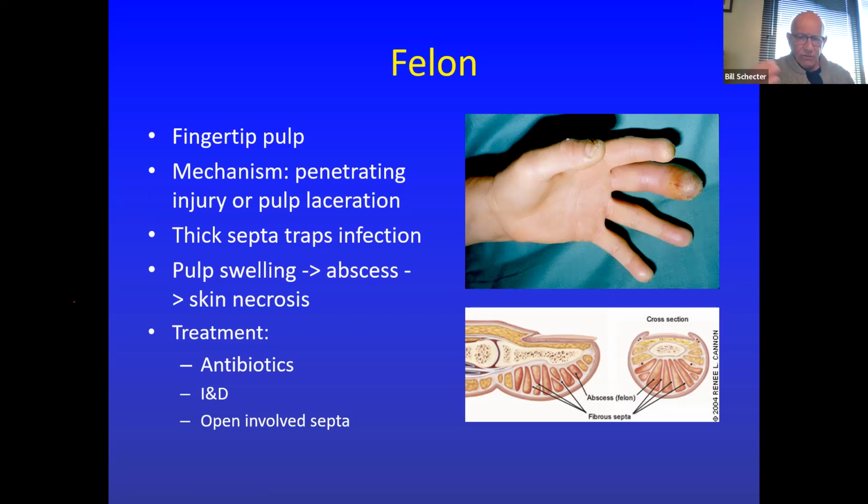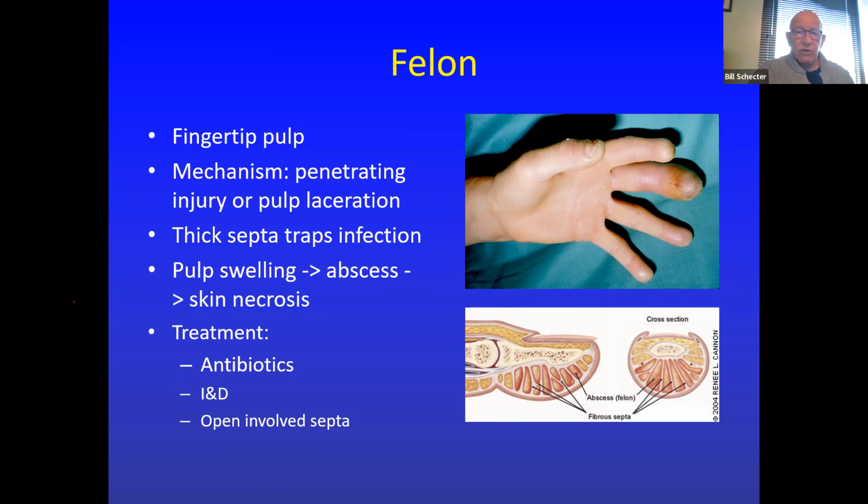Well, sometimes pus can get trapped in this area. So if you have a patient present like this, with a felon over the distal phalanx, the treatment is the same general treatment: antibiotics and position of function. But almost always, you have to drain these felons. You have to do incision and drainage.